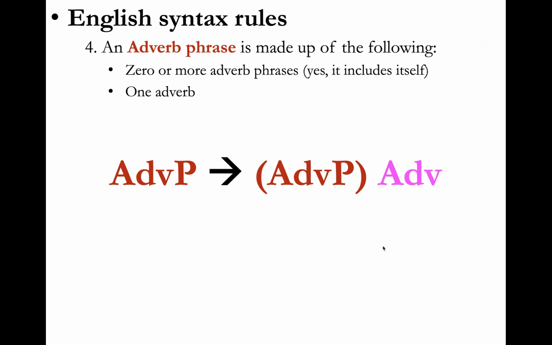An adverb phrase is made up of an adverb phrase, which is optional, and an adverb. If you have just one adverb, that constitutes an adverb phrase. If you have many adverbs hanging out together, all of them but one are an adverb phrase, and then that last one is the adverb that makes the rule work.